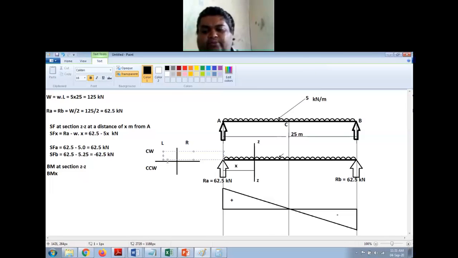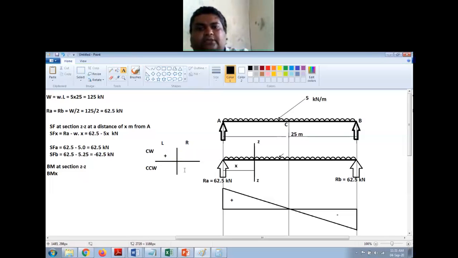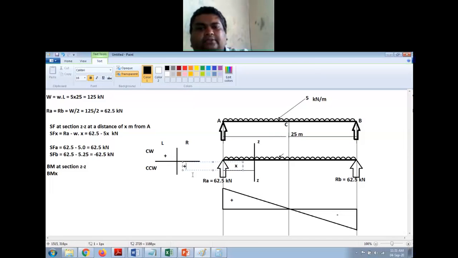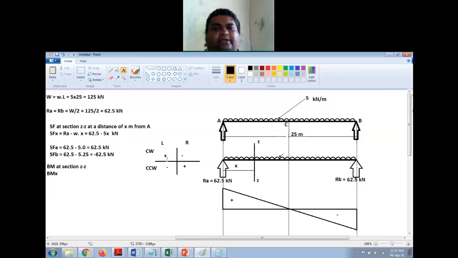So here I will put plus, the opposite diagonally it should be plus, this will be minus, and this will be minus. If this is positive, this will be negative, this is negative, this will be positive, and diagonally it will be the same, left and right. If you want you can swap, but this is the usual convention that is followed across.